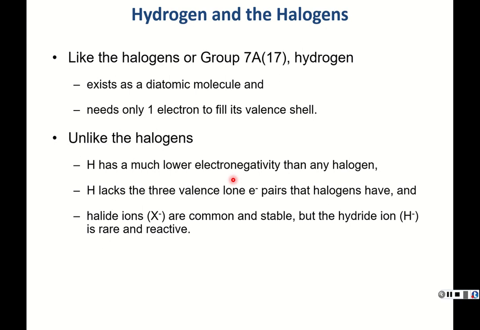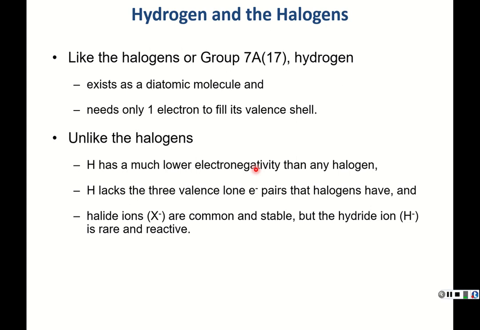All right, and we've discussed this as well, like the halogens, it exists as a diatomic molecule. It needs only one electron to fill its valence shell. Unlike the halogens, hydrogen is much lower in electronegativity than any halogen, right? And you remember the atomic trend is that electronegativity is always increasing as you go to fluorine.